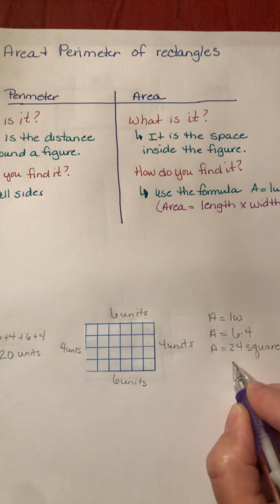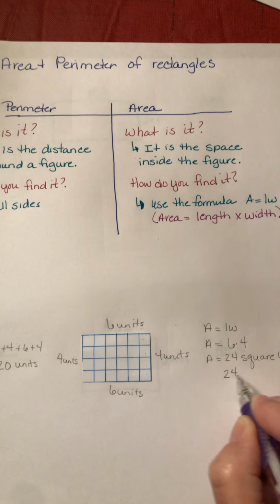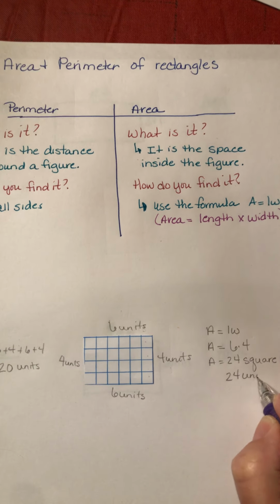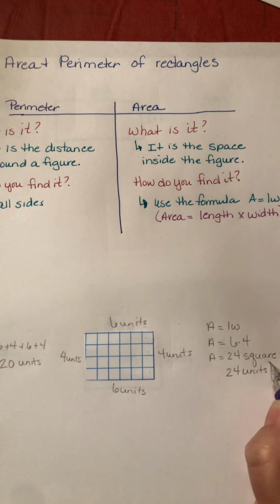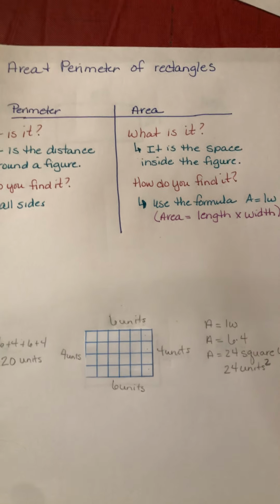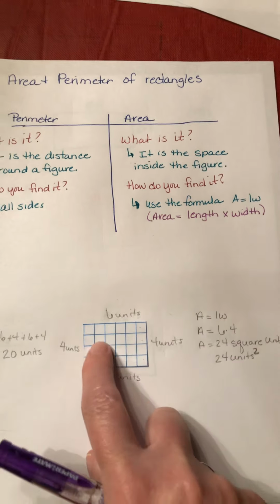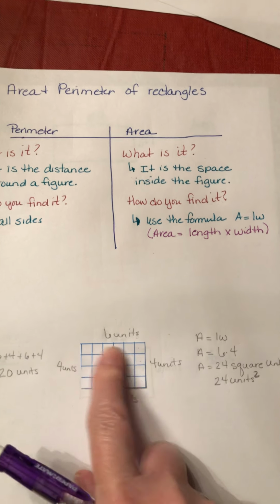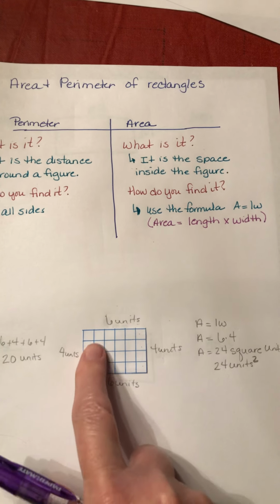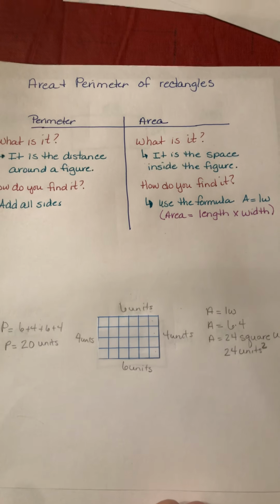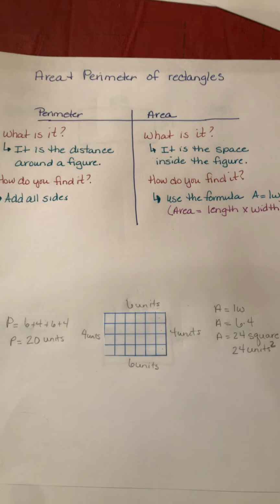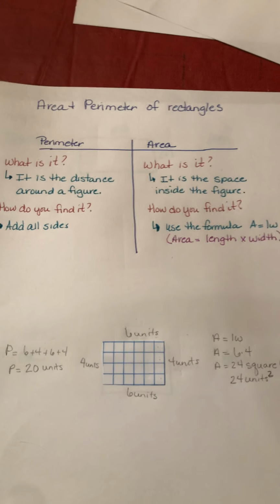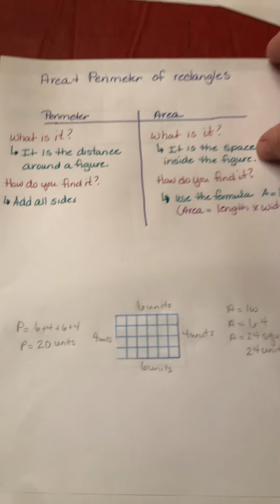Now there's another way to write this. 24 units squared. Remember the little 2, our exponent? Now if you look inside, you can actually see that the space inside this rectangle, there's actually 24 square units. All right, so let's do a little bit of practice.